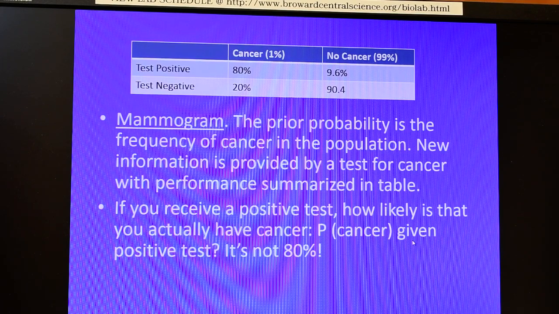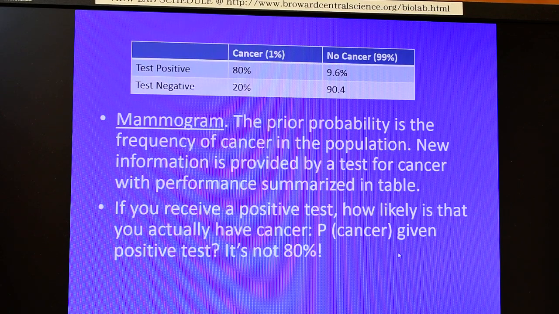Does it mean you have an 80% chance of having cancer? No, it doesn't. The reason for that is two things have to be true. Your test was positive, we know that. It has to be right. But you also have to be one of these people who has cancer.